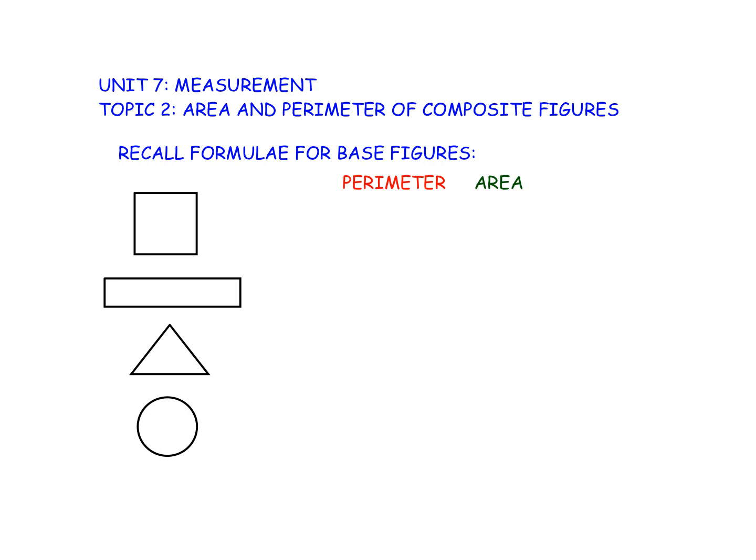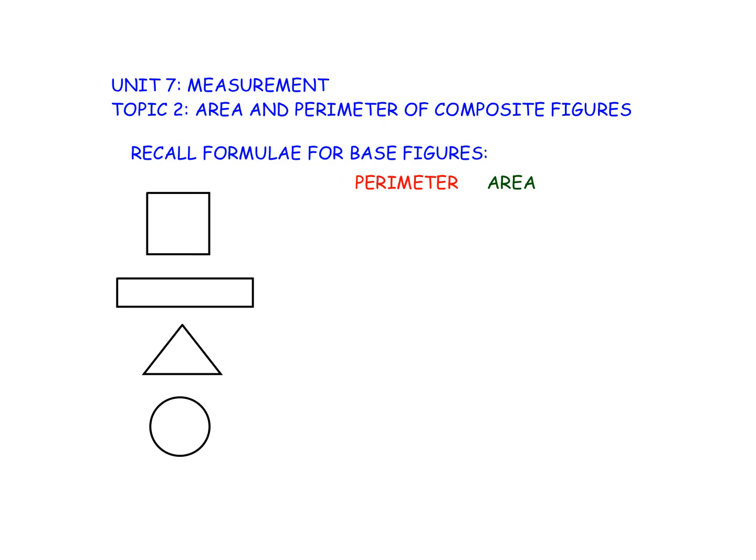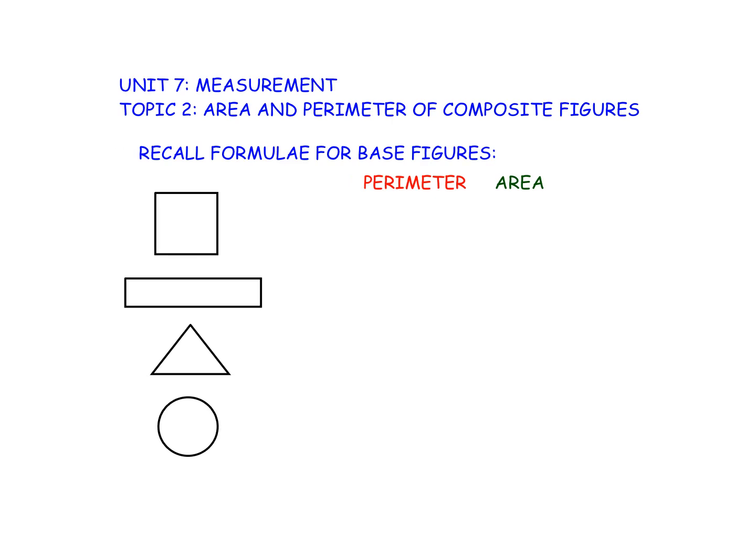And you should have, in previous grades, been able to calculate the perimeter and area of all four of these shapes. So let's just remind ourselves what the formula is. If we have a square, generally they'll mark a square by putting a tick on all four sides to show you that all four sides are equal. And so we can call the side length S, or we can call it length or width, whatever you want.